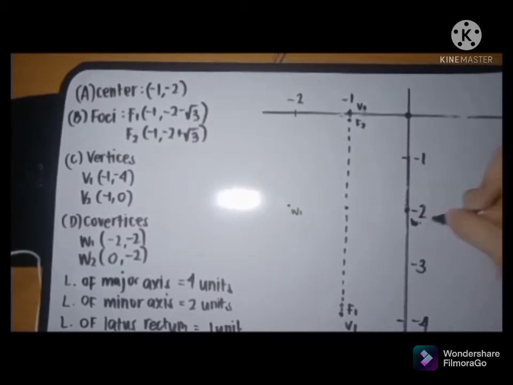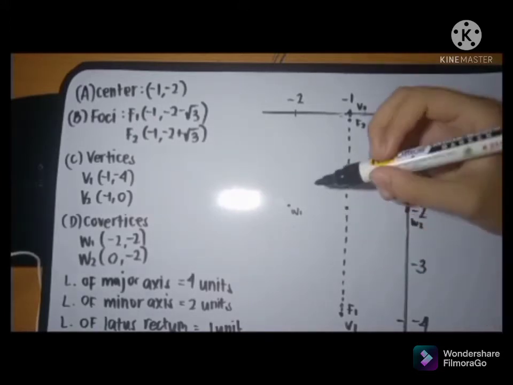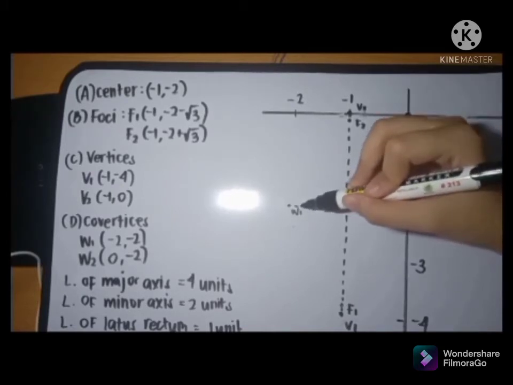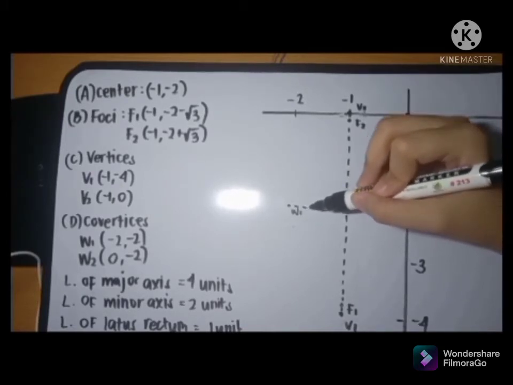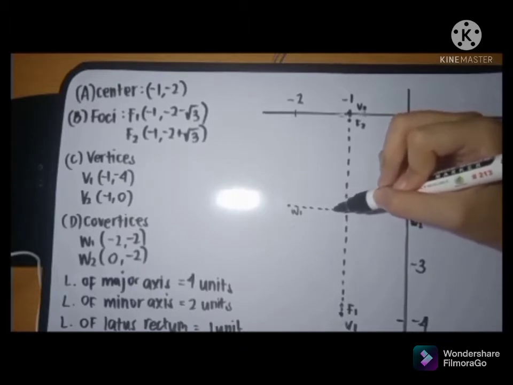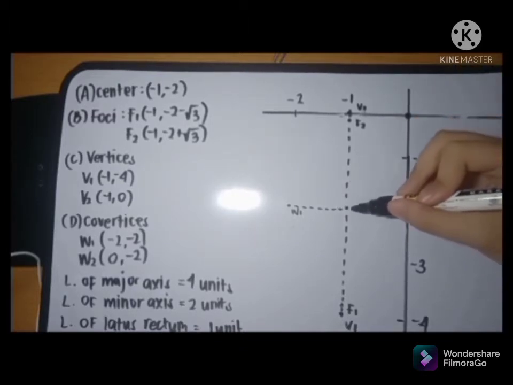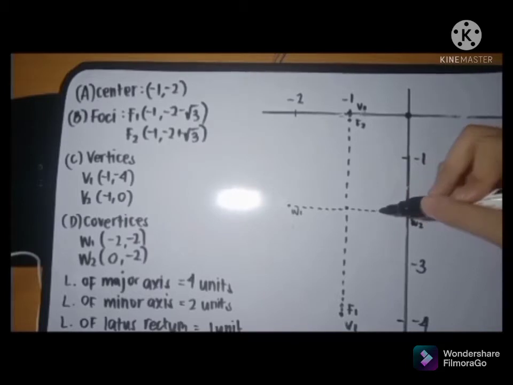It's w sub 2. Now that we have completed the coordinates needed to graph the ellipse, I'm going to draw the minor axis here to represent the explanation that the co-vertices lie on the minor axis as well as the center.